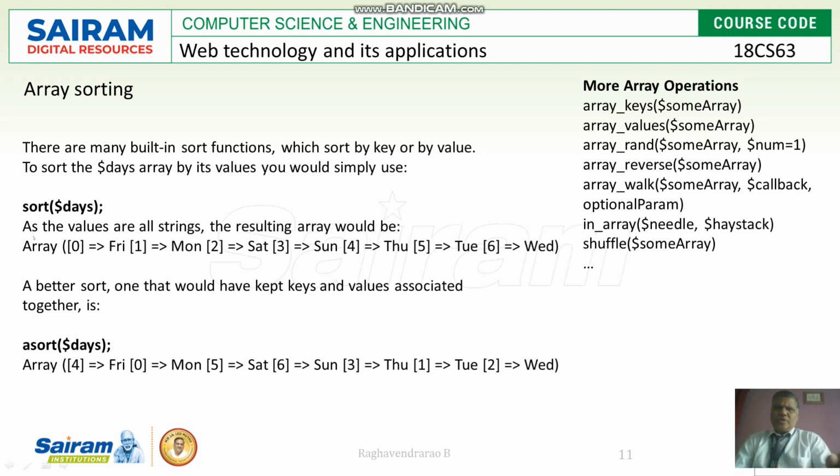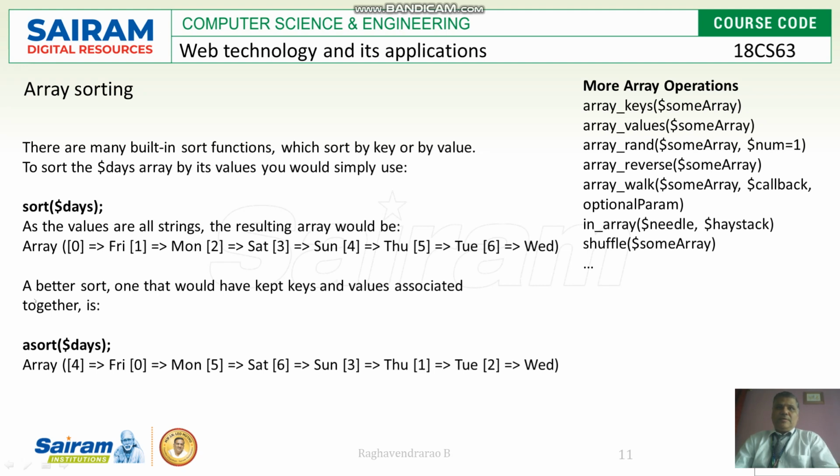When you sort, if you just write sort $days, because $days is already defined, the values will be array 0 is Friday, Monday, Saturday, Sunday, Tuesday, and Wednesday. Like that it is going to get displayed.